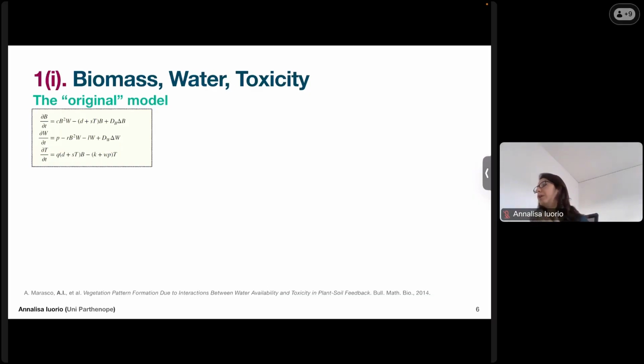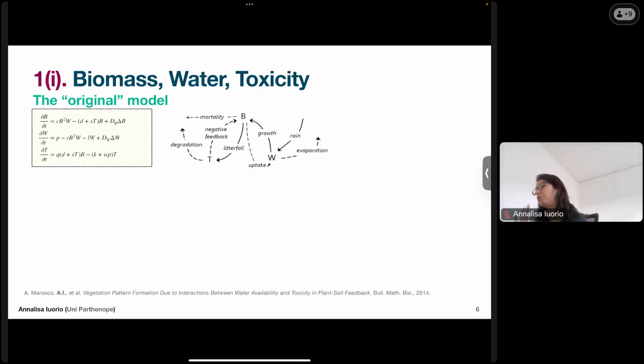So we included the interaction between biomass and toxicity in order to take into account this effect that I mentioned before. To be a bit more clear, I put the cartoon to the right.